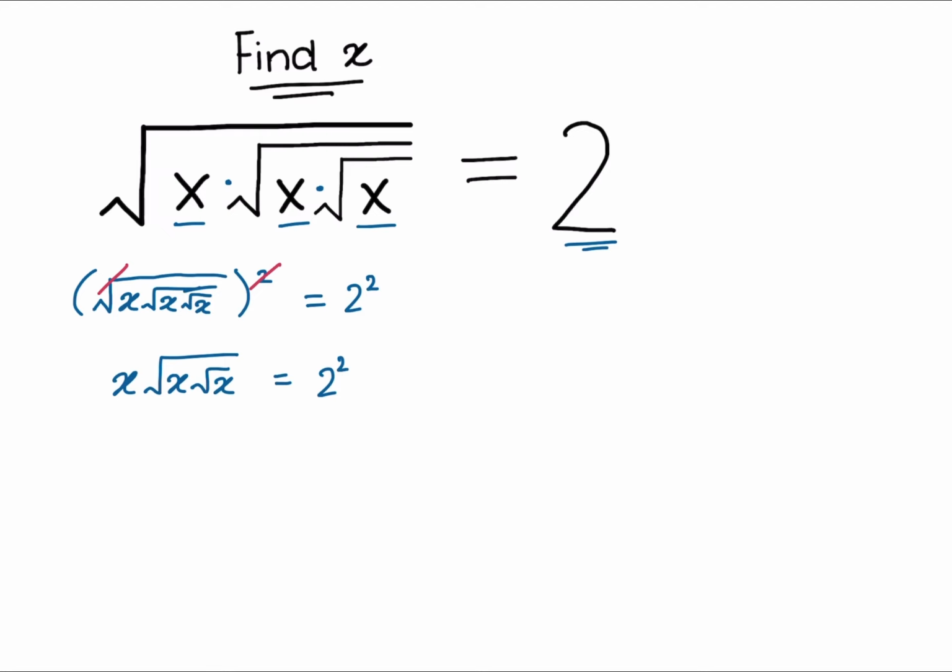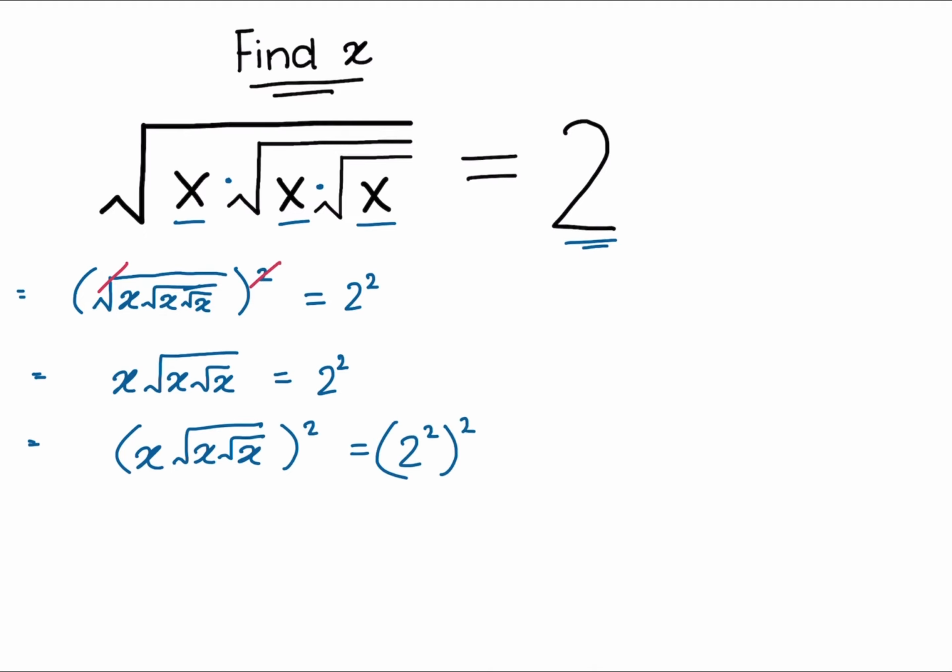square both sides of the equation again so that we can get rid of the second square root symbol. So that would give us x times the square root of x, all squared, is equal to 2 squared, squared.